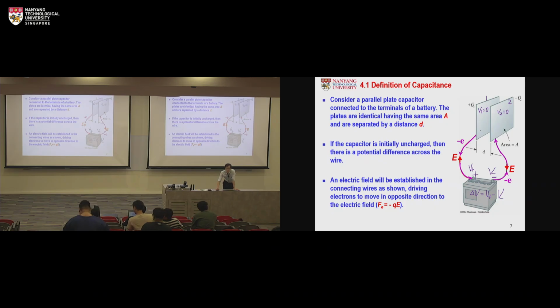So what will happen? Here the potential is 0, here is a positive potential. There will be a potential difference, right? And once you have a potential difference, you will build up an electrical field E, which points from high potential to low potential. In this case, here is high potential, here is low potential.